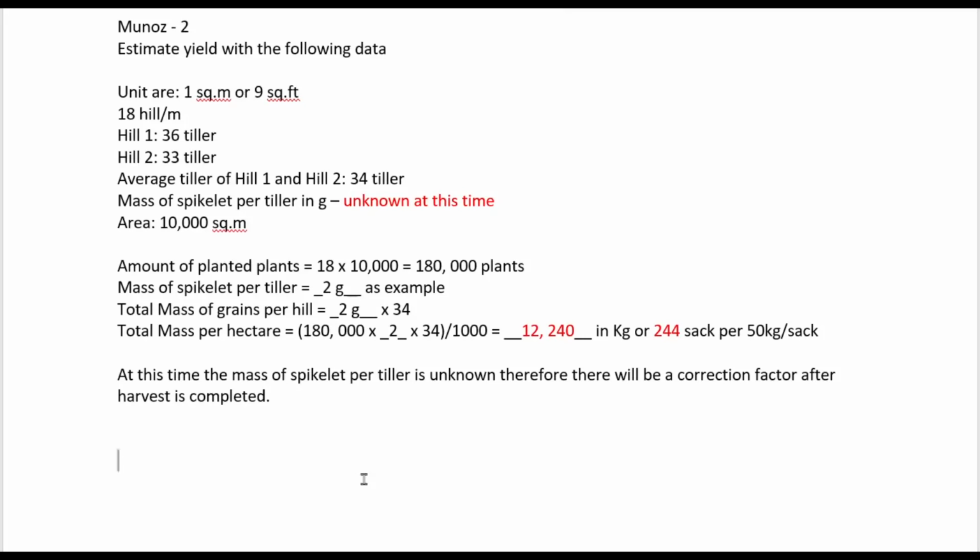So in 3 weeks I will be harvesting, and then I will figure out the mass of spikelet, the average mass for spikelet actually, because when I was looking at the field, the spikelets or panicles have different sizes. I expected that. So I'm going to average out the mass per hill.